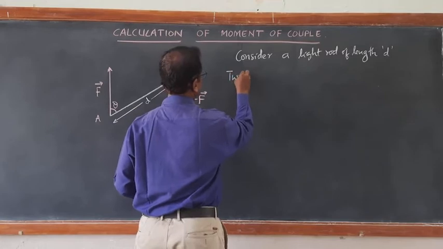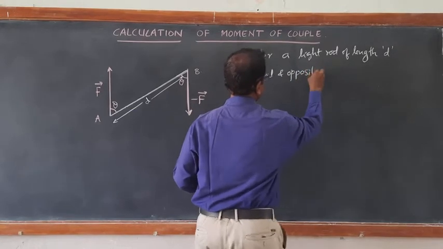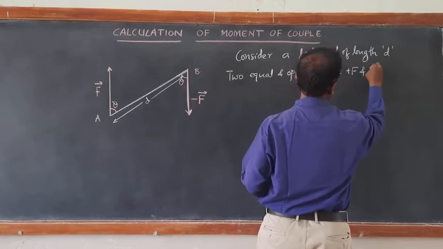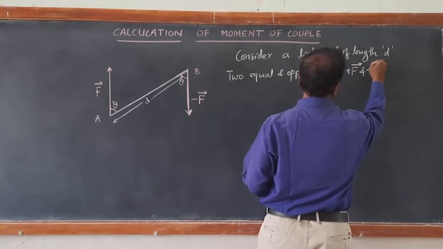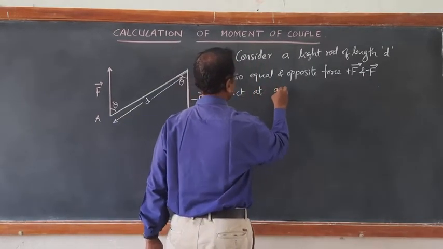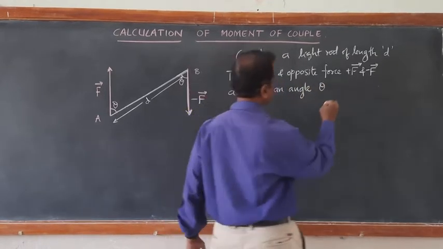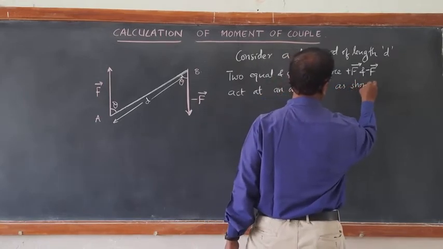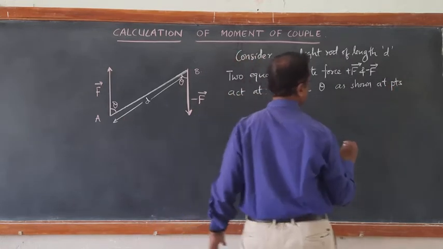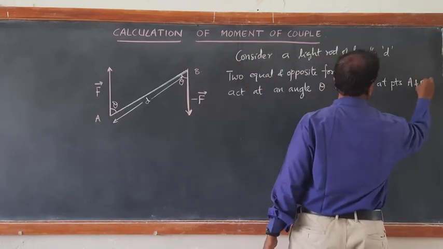Two equal and opposite forces, plus F and minus F, act at an angle theta as shown, at points A and B respectively.